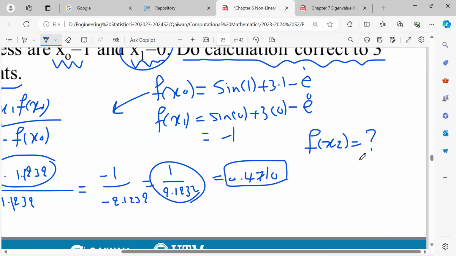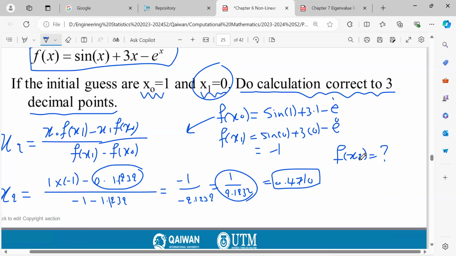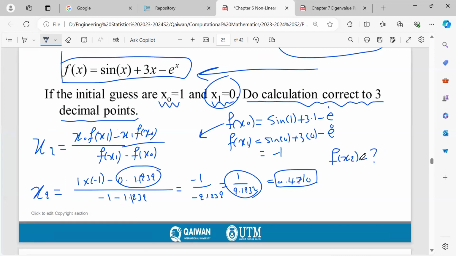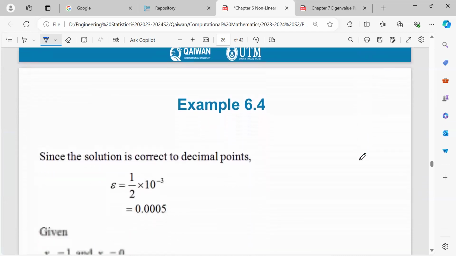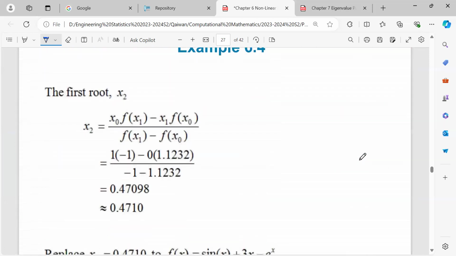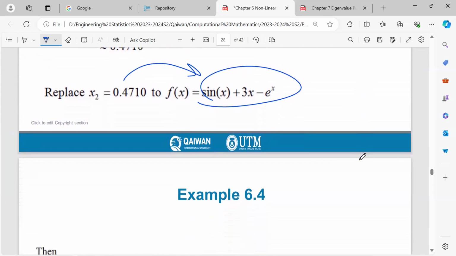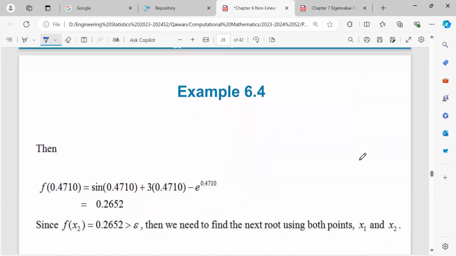We replace x by 0.4710 in the given function, sine x plus 3x minus e to the power x. It is 0.2652. This is f of x2.